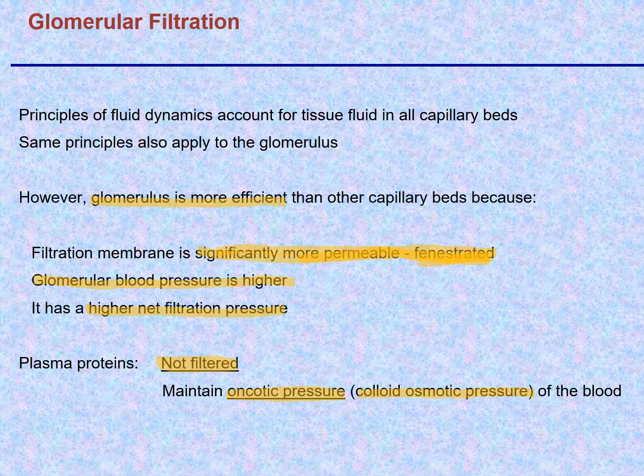One of the most significant plasma proteins is albumin. Albumin forms about 50% of the proteins in the blood plasma, and is quite a large molecule and cannot go out of the glomerulus into the glomerular capsule space.